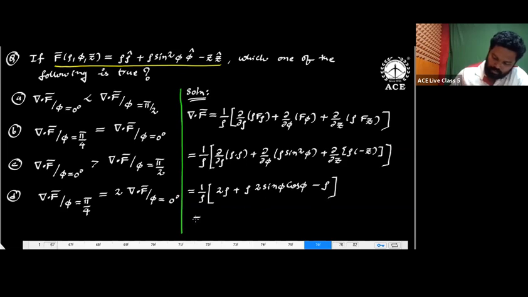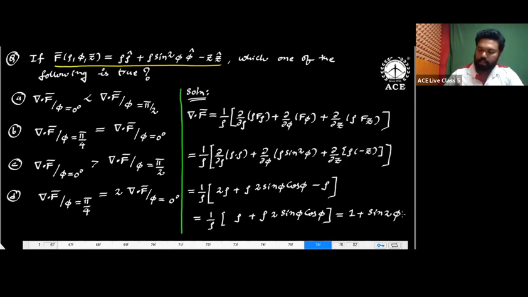Which is 1 by rho into rho, plus rho into 2 sin phi cos phi, which is equal to 1 plus sin 2 phi, beta.